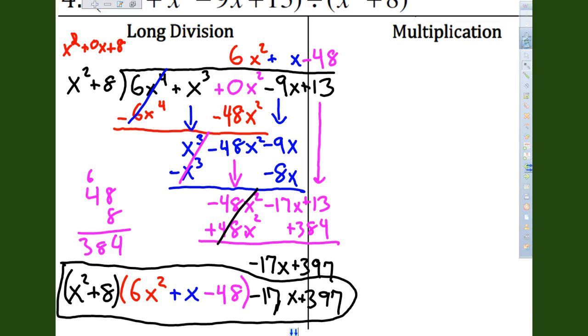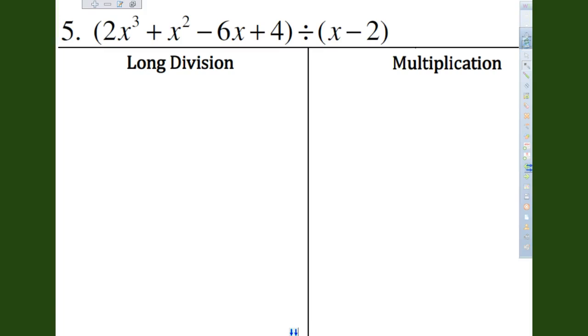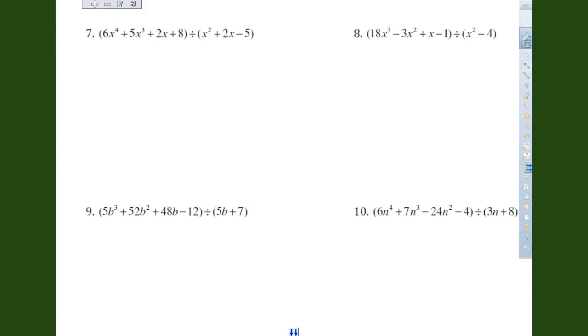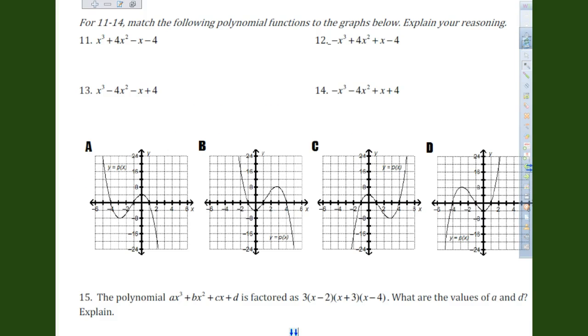We can look at the back real fast just as a reminder for the end behavior. So 11 through 14 asks you just to graph, well, the graph's already there, so basically identify which is which. We got four equations, 4 graphs. They're very similar to each other.